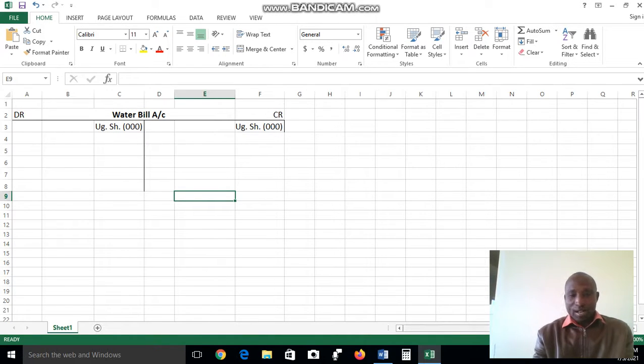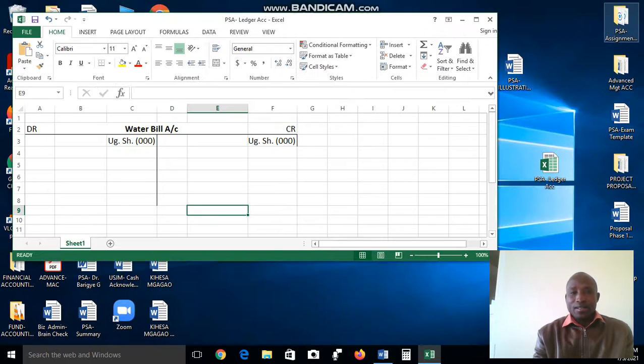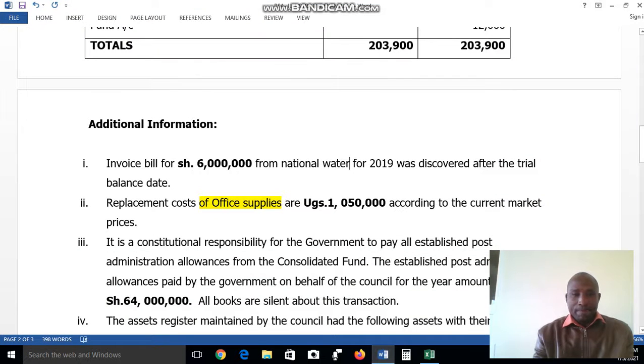If you come back here, these water bills were due. An invoice bill of 6 million from National Water was discovered after the trial balance date. Not even due, but it was just discovered.